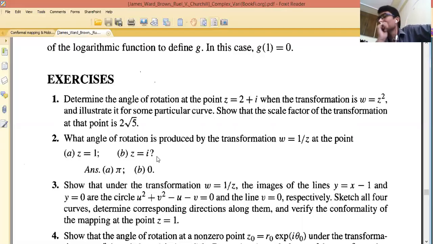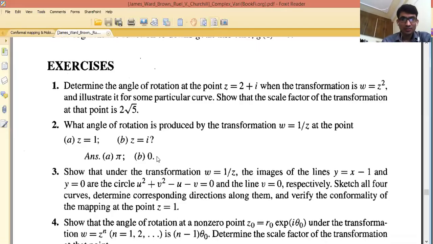For minus i, it will not be e to the power i pi. It will be minus i when the angle is pi by 2... when do we get minus i? When we write e to the power i times 3 pi by 2.